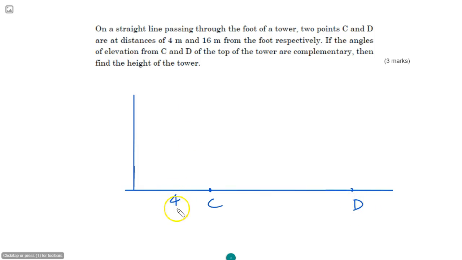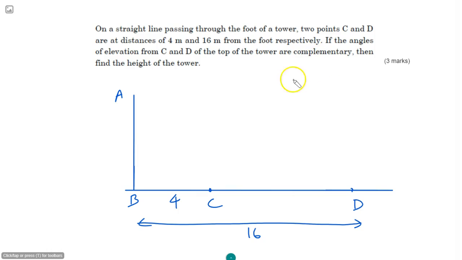C is at a distance of 4 meters from the foot of the tower. So let's call this A, let's call the foot of the tower B. So BC is 4 meters and D is at a distance of 16 meters from the foot. So this distance BD is 16 meters. The angles of elevation from C and D of the top of the tower are complementary.